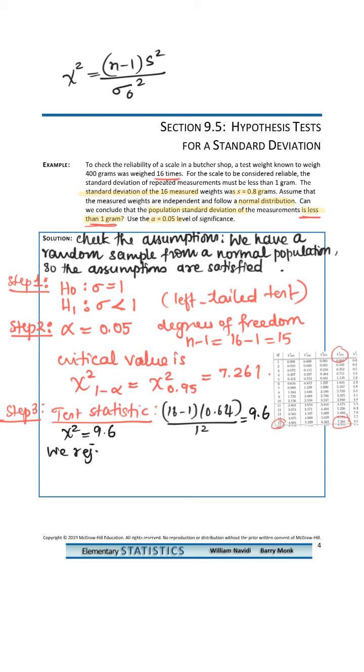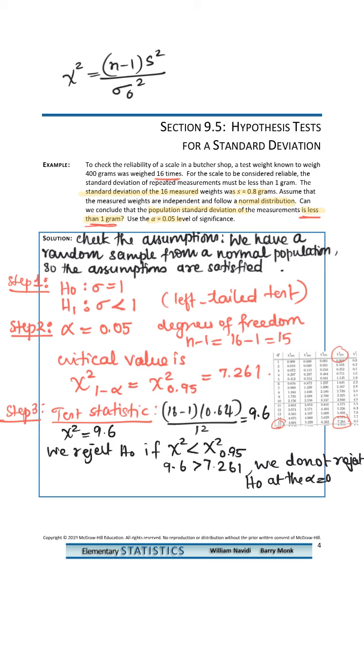We reject the null hypothesis if chi-square is less than chi-square 0.95. Because 9.6 is greater than 7.261, we do not reject the null hypothesis at the alpha equal 0.05 level. So now you can conclude.